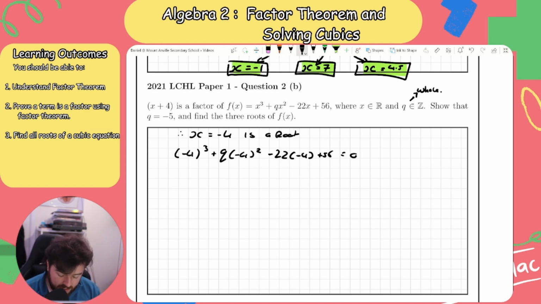I'm going to get here minus 64 plus 16q plus 88 plus 56 equals 0.